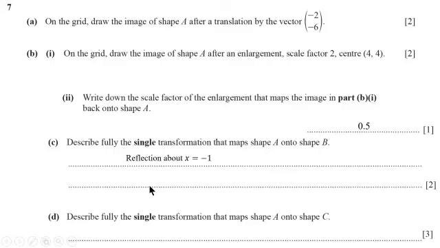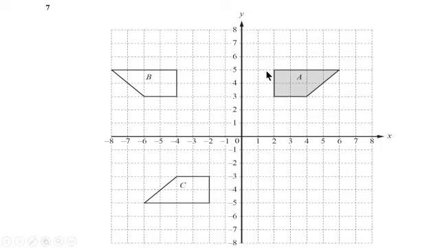Okay, so the answer will be reflection about x equals -1. Finally, D. Describe fully the single transformation that maps shape A onto shape C. Look at the shapes. How can we get C from A? Look at the vertices and look at their coordinates. We have here 2 and 3. We have its image here -2 and -3. We have also here 4 and 3.